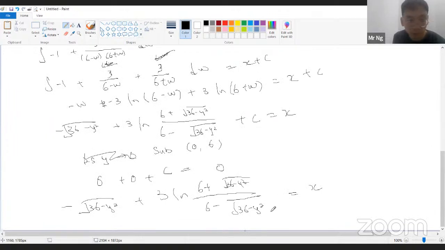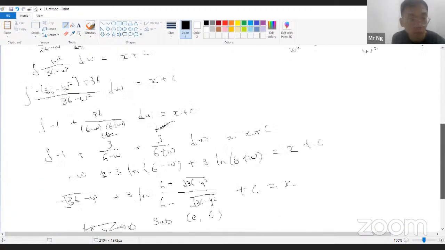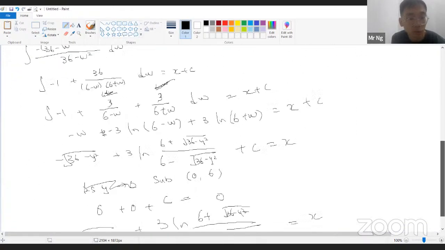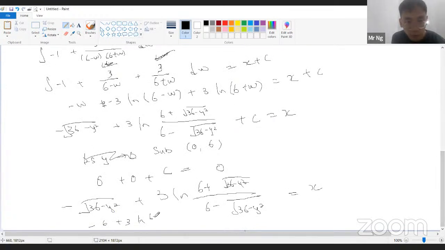As y approaches 0, this thing will be minus 6, then this thing will be 6 plus 3 ln of (6 plus square root 6) over (6 minus square root 6), plus 6, 6 plus 6 over 6 minus 6.